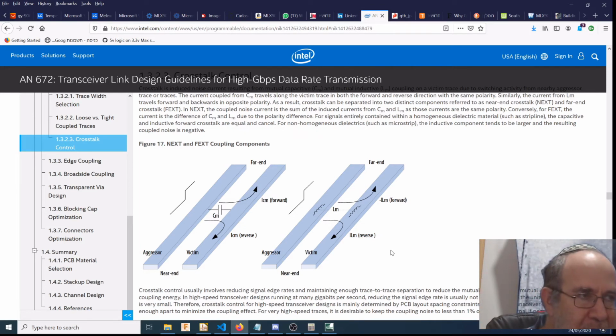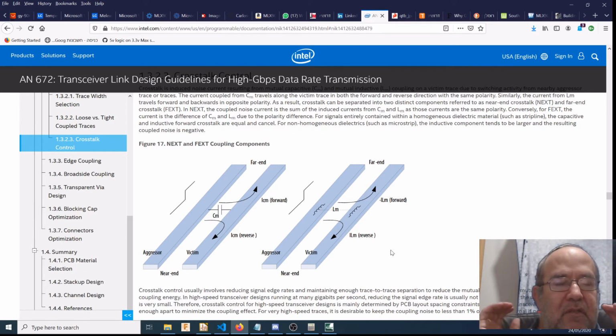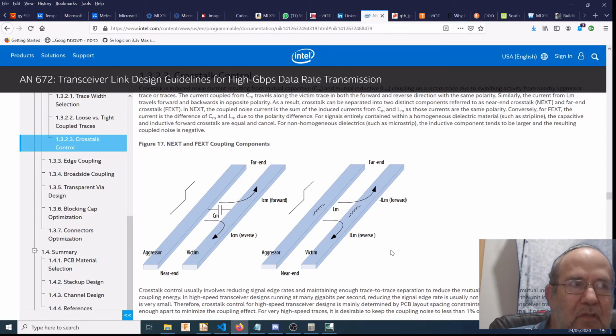Now, your active line we will call the aggressor, and the passive line we'll call the victim. Now, as we go down the line, we have inductive coupling. And your inductive coupling is going to induce a voltage in your victim.